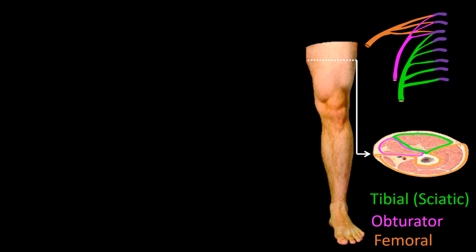As previously stated, the femoral nerve, which arises from the posterior division of the lumbosacral plexus, supplies muscles that occupy the anterior compartment of the thigh, whereas the tibial nerve and the obturator nerve that arise from the anterior division of the lumbosacral plexus innervate muscles in the posterior compartment. To understand this arrangement, we must go to embryology.